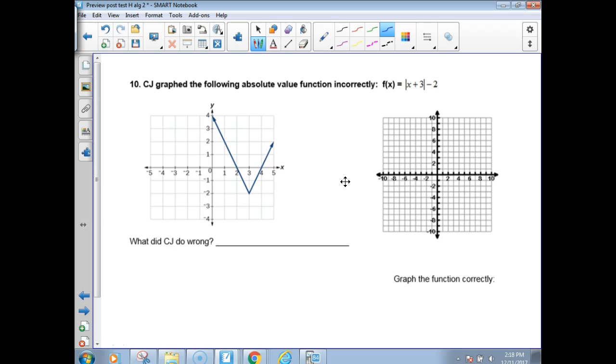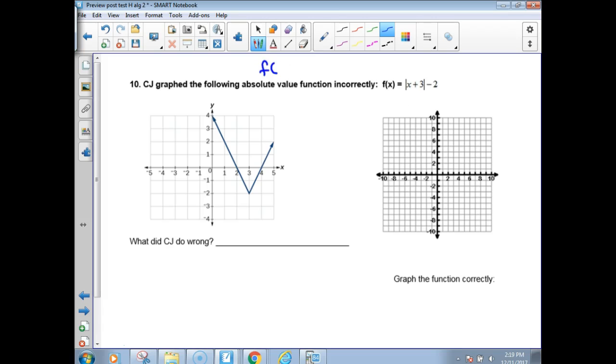Okay, 10, CJ, graphed the following absolute value function incorrectly. Don't tell me it's graphed correctly. It's not. All right, so this is the equation. F of x is the absolute value of x plus 3 minus 2.